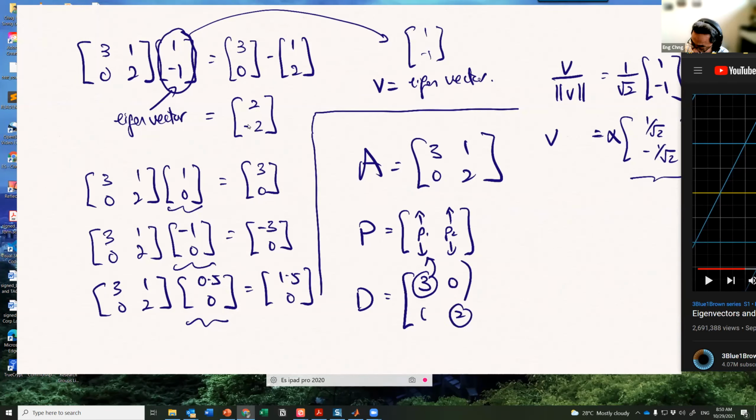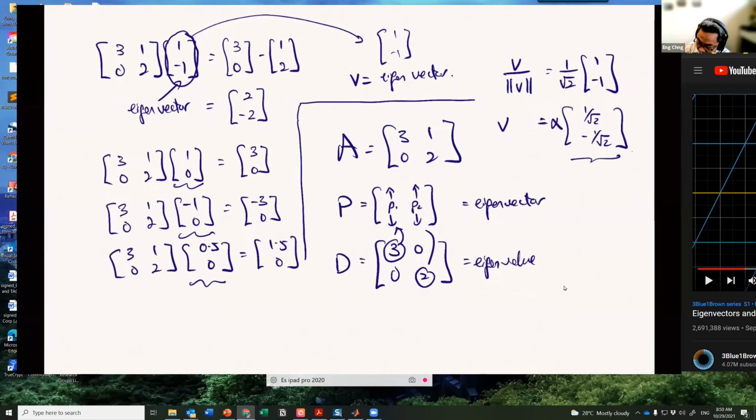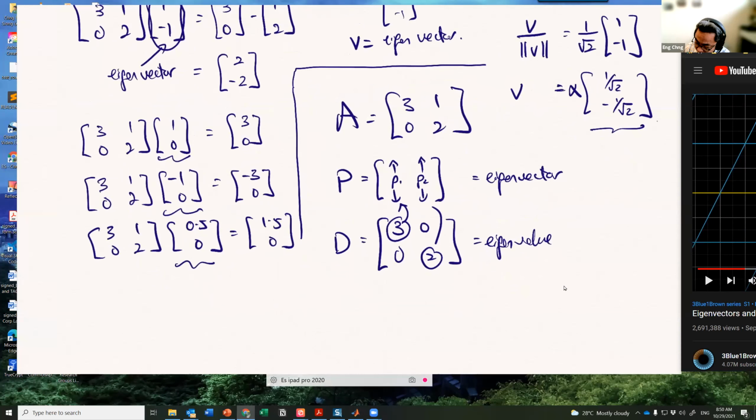Later on, we'll figure out why this is called the eigenvalue, and this is called the eigenvector. So basically, MATLAB very quickly lets you do this. PD is the eigen decomposition of A.